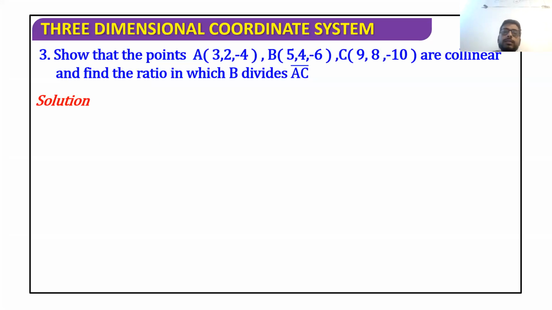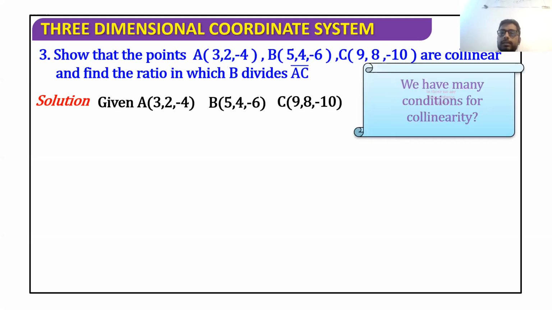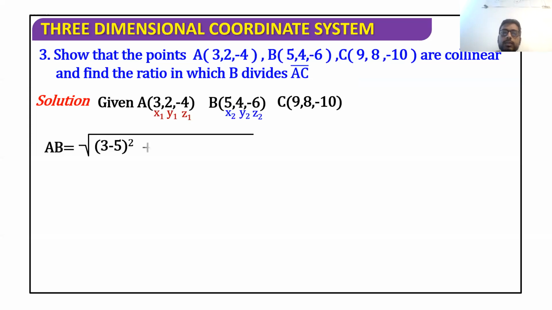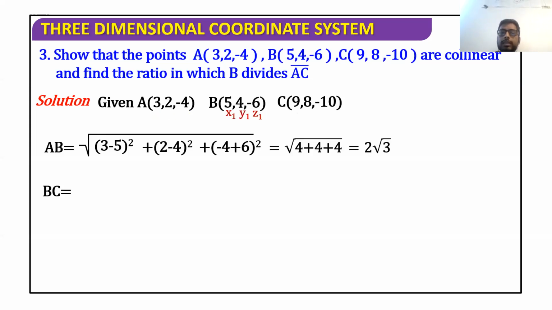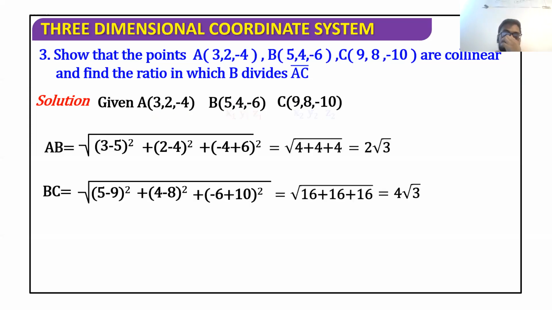It is known that the 3 points are collinear. You have to find the ratio in which B divides AC. So simple. B is dividing AC, so you can use your internal division formula and get the answer. You found your AB, BC, and AC by using the distance formula.